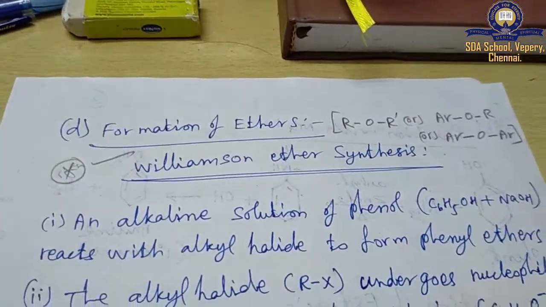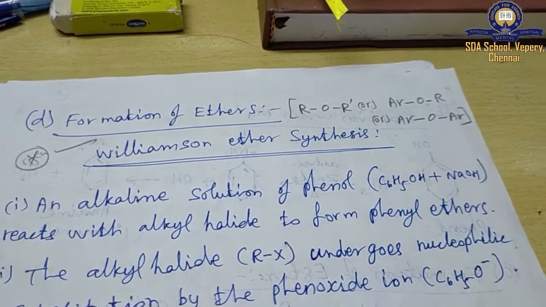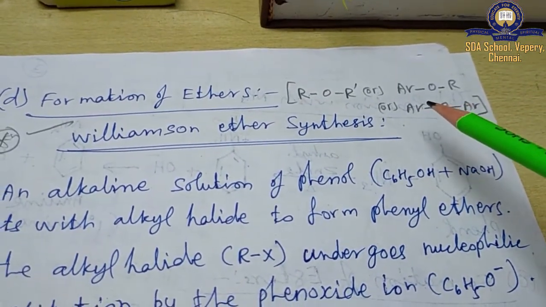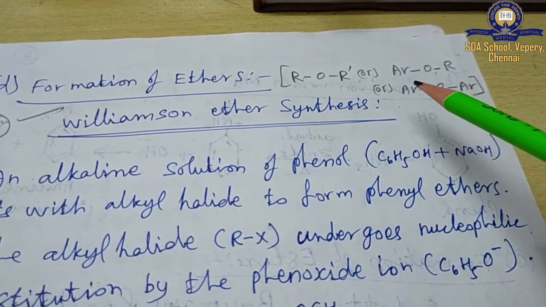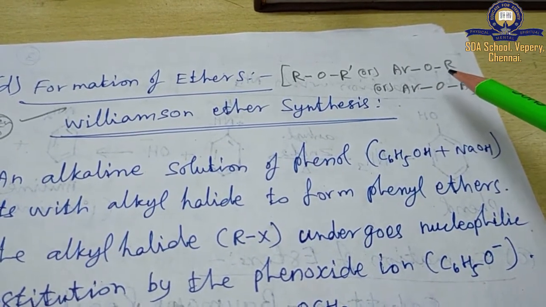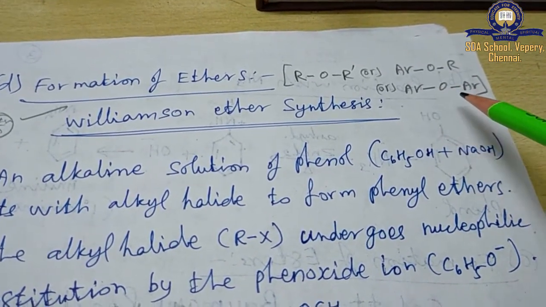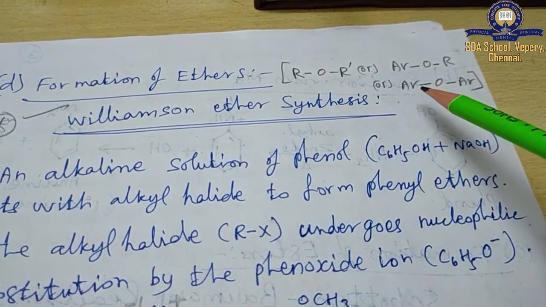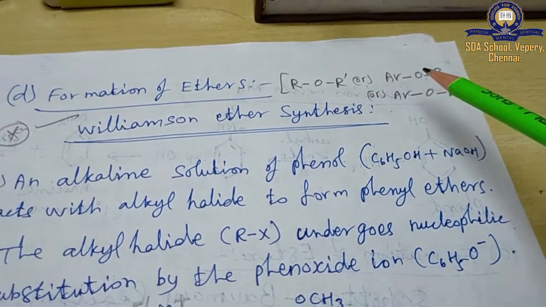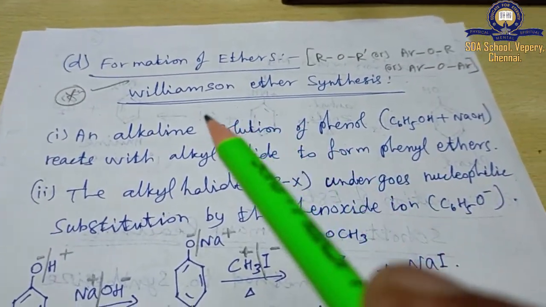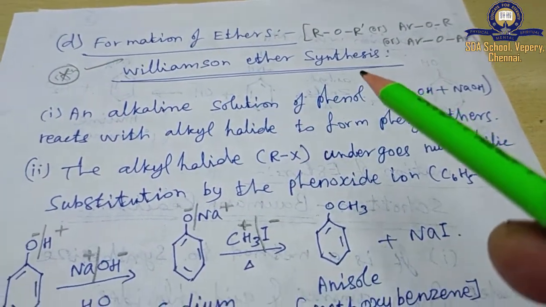The next one, formation of ethers. The general formula is ROR' or AROR or ArOAr. These two are simple ethers, and this is a mixed ether. This reaction is called Williamson ether synthesis.